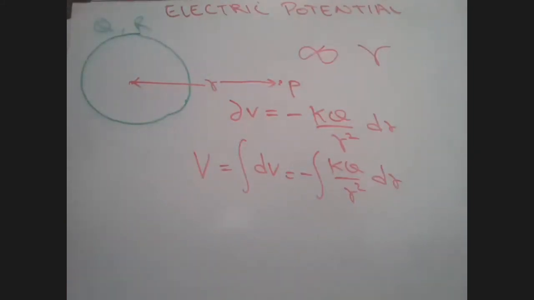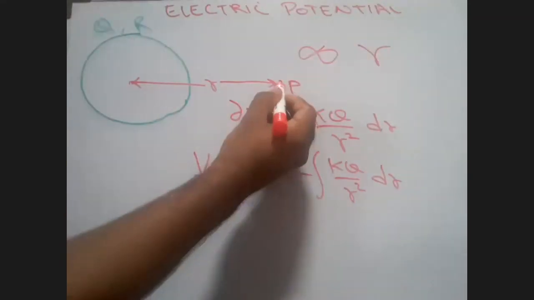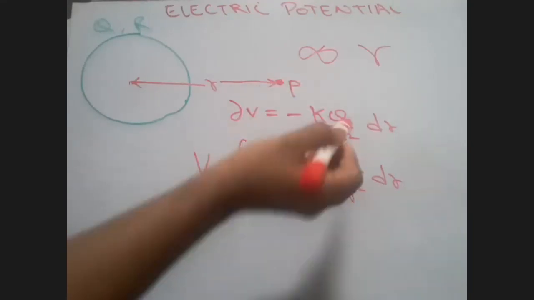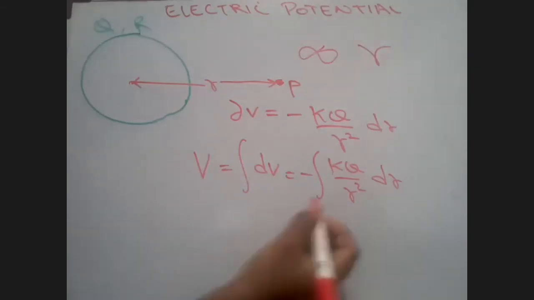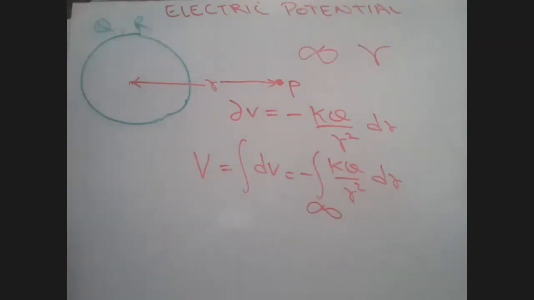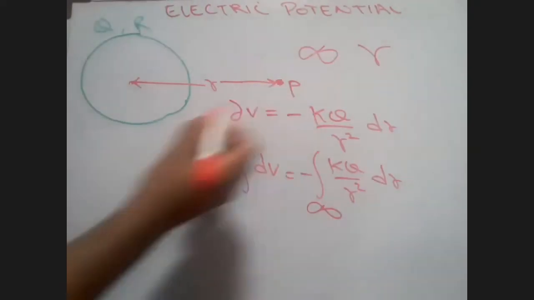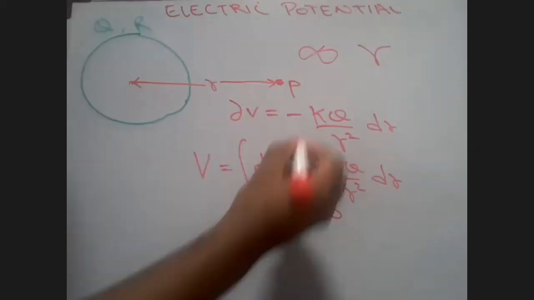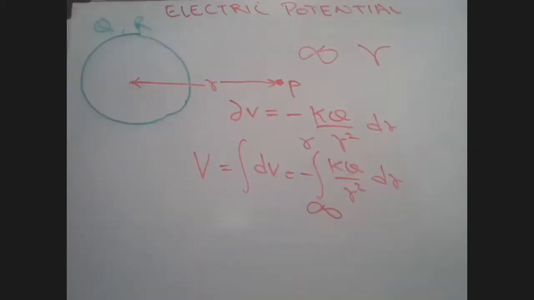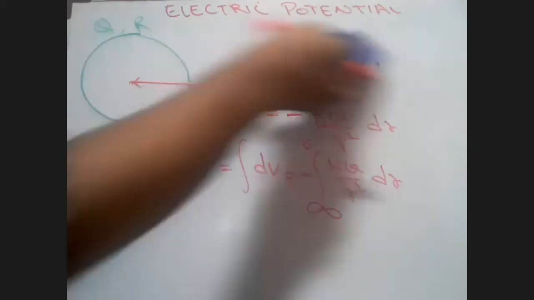Whenever you're calculating potential, limits are to be thought of like this: you are bringing this test charge from where? That you have to mention. I am bringing it from infinity to a point where the distance between the center of the solid sphere and the point P is R. Is this clear? Any doubt?